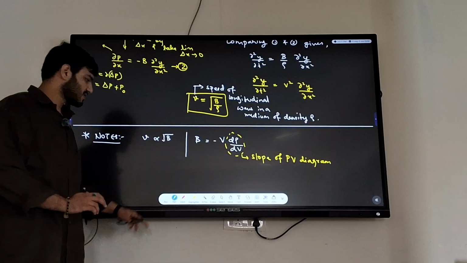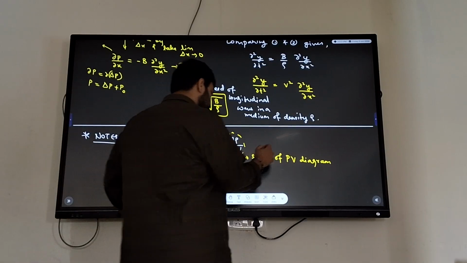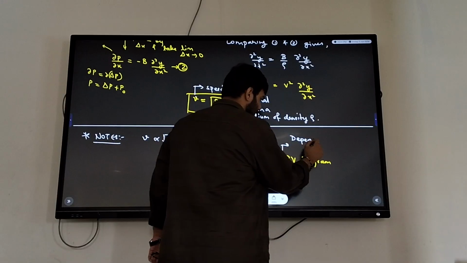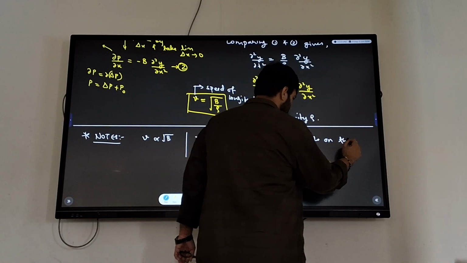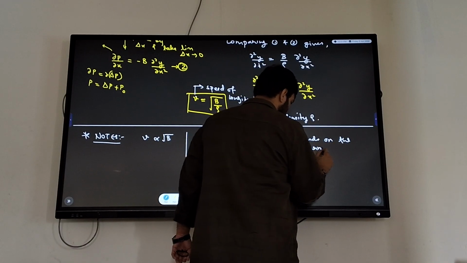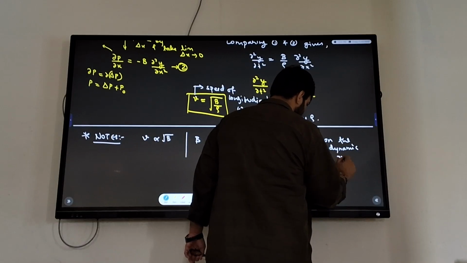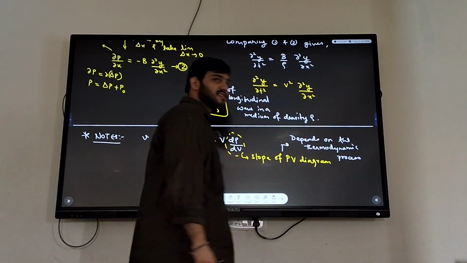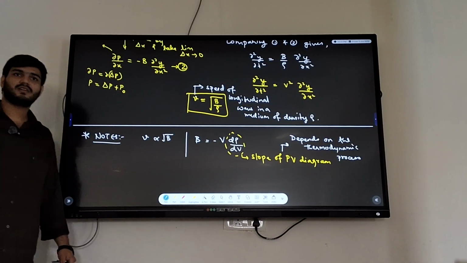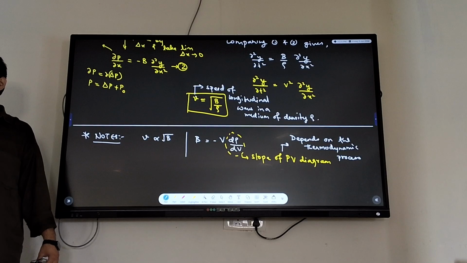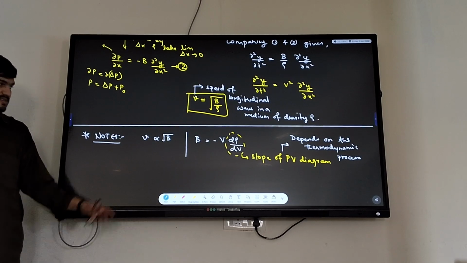So the slope depends on the thermodynamic process that we are talking about. That means the bulk modulus depends on the process through which the whole thing is going. Does it make sense to you?